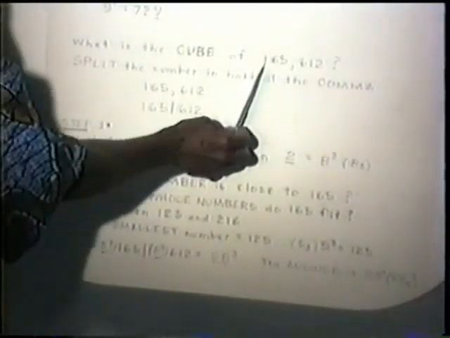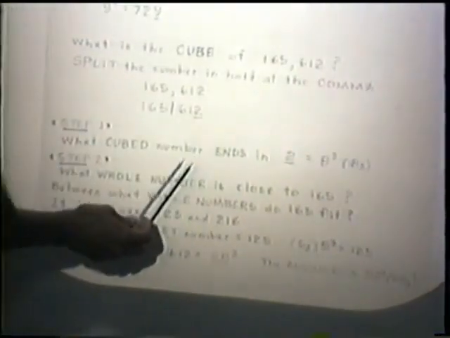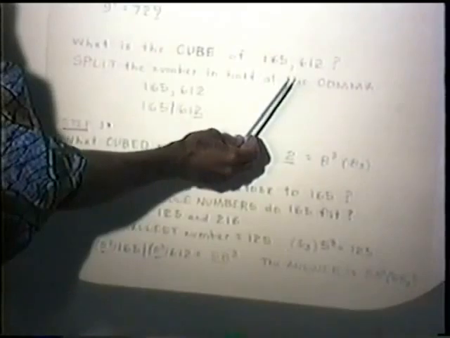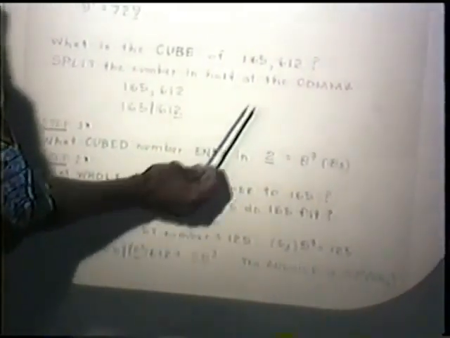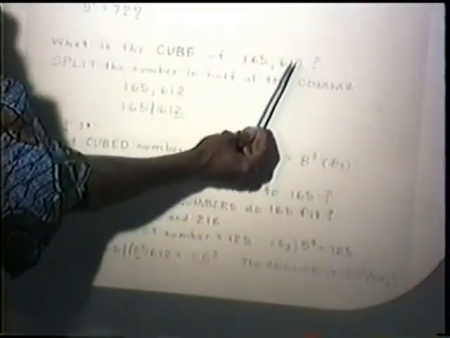So the cube root of the number 165,612. Remember, we looked for the 2 and found out the cube of 8 ends in 2. So that gave us our first number, 8.